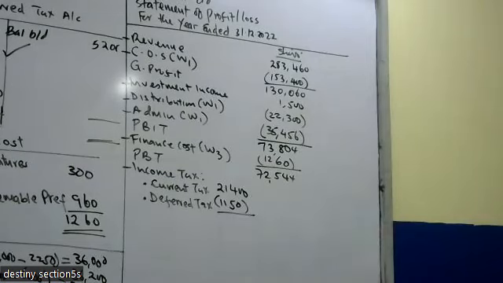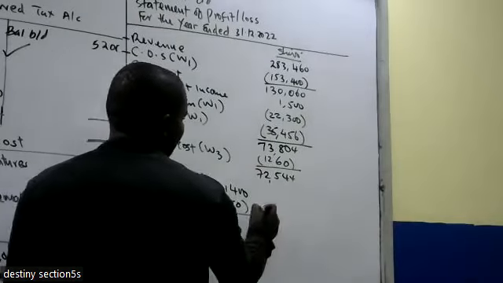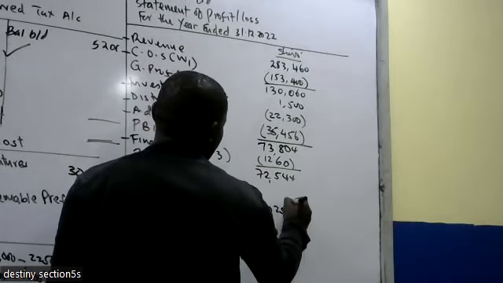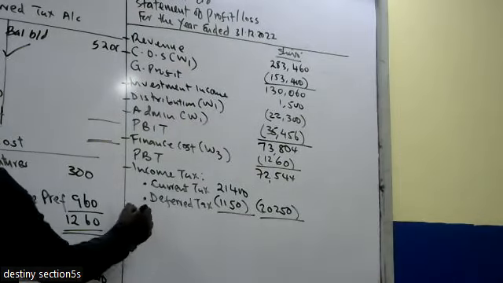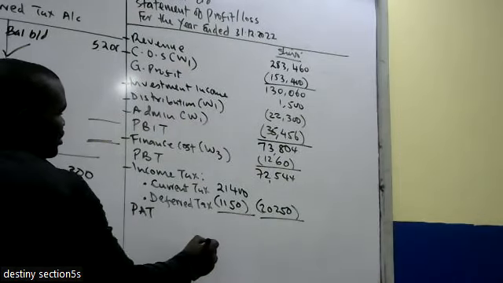That is 20,250. So that is the tax expense. So profit after tax, we are done.